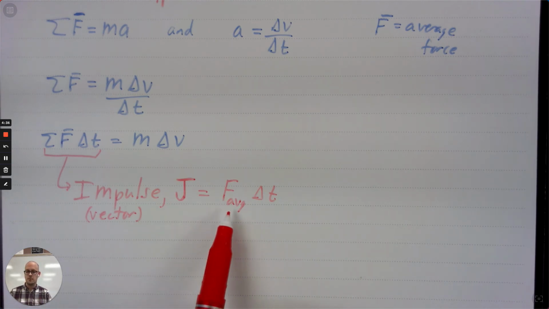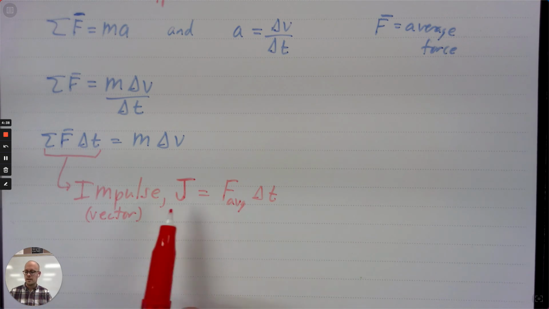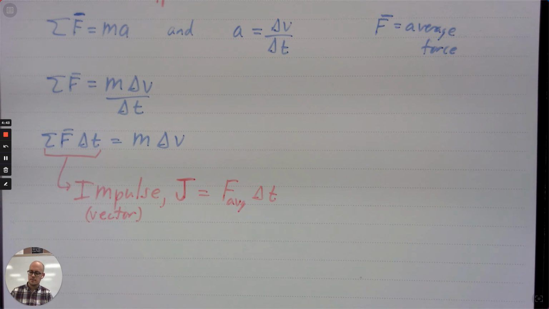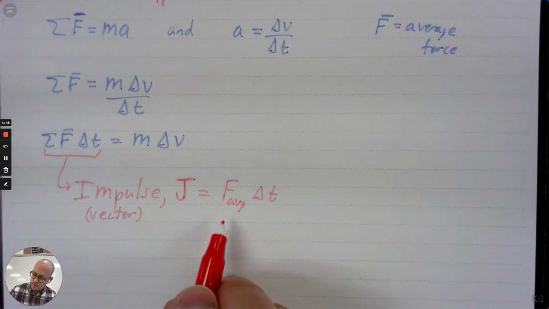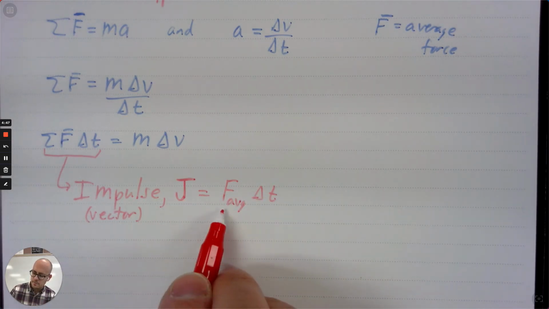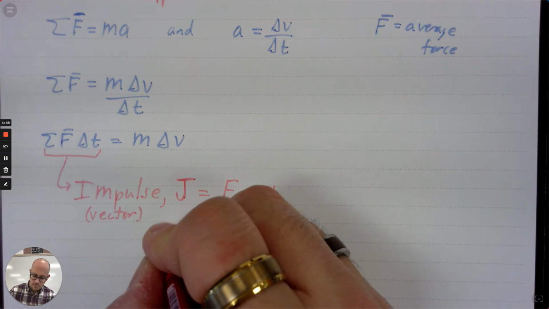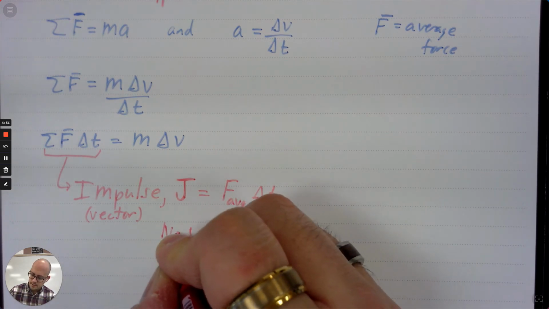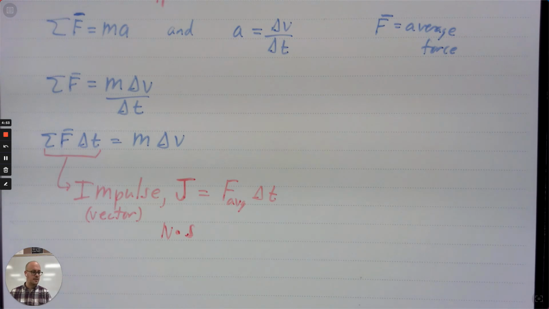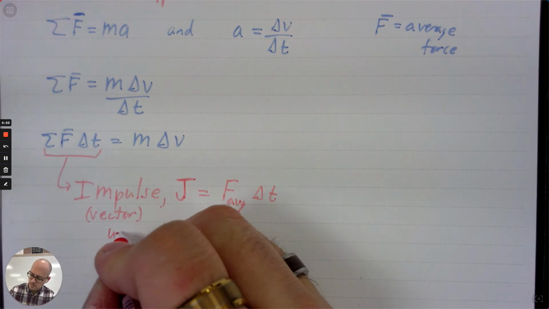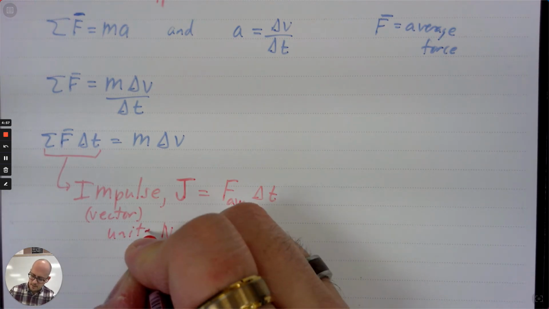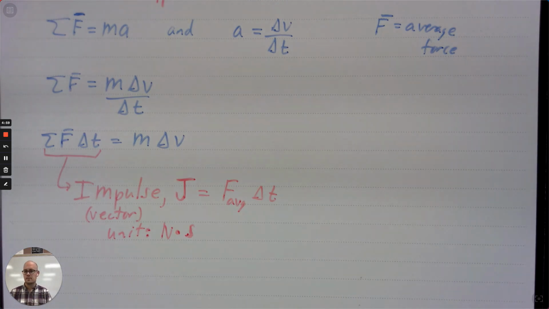Because a force has to point in a specific direction, an impulse also has to be exerted in a specific direction. As far as the units of impulse, force times time, that would be Newton seconds, newtons times seconds. That does not have a fancy name. So Newton seconds, that's it.